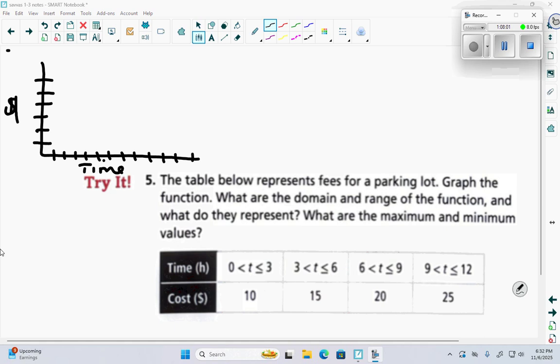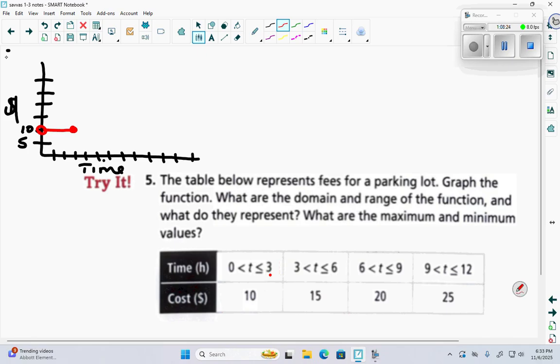So at 0 and the cost being 10, I'm going to make this 5, this one will be my 10. So we're going to have an open circle at 10, and then it goes all the way to 3, which is a closed circle. So 1, 2, 3, so I'm going to have a closed circle here, and then we connect them.